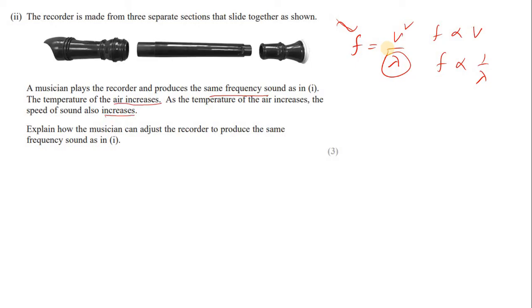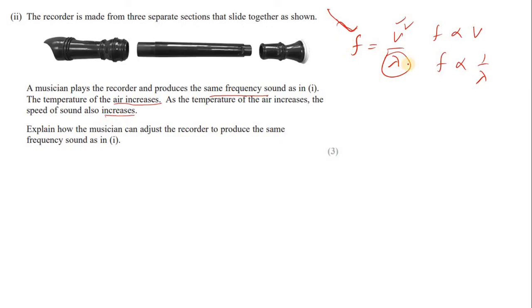So you need to adjust the column so that the wavelength can be adjusted. So if velocity increases, frequency increases. So that means you have to adjust the wavelength so that frequency returns to the original value.